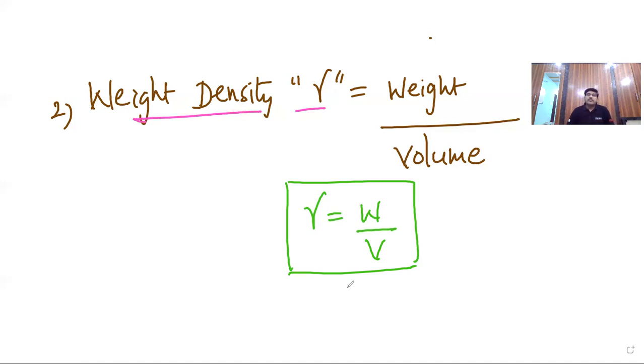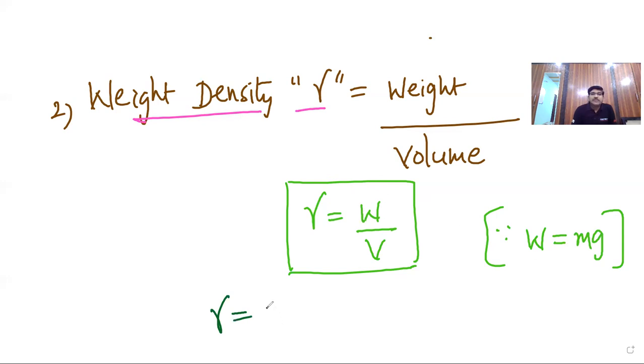Clear? Weight by volume. Now, can I write? Just now we have seen, weight is equal to what? Mass into acceleration due to gravity. So in place of weight, I substitute mg.